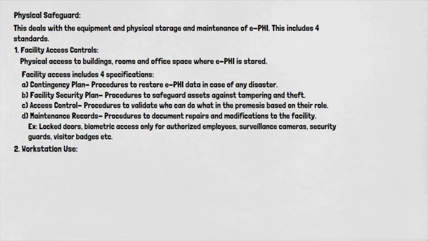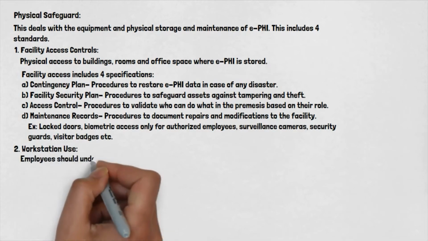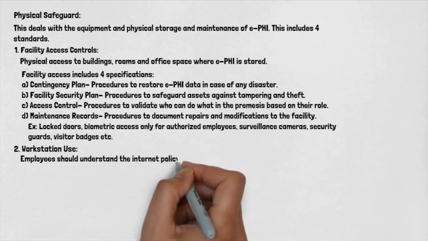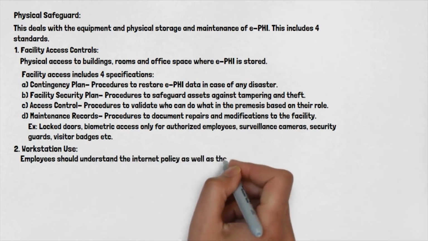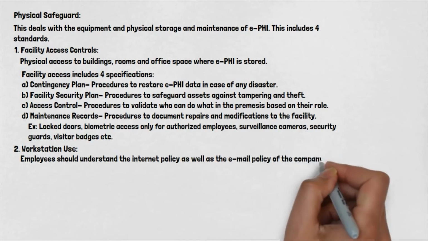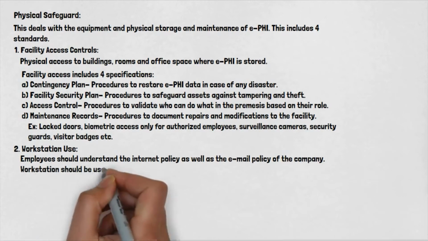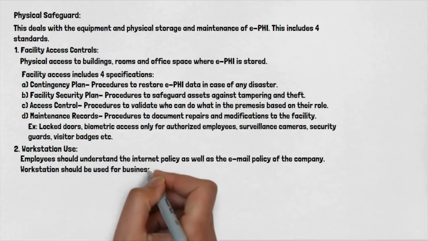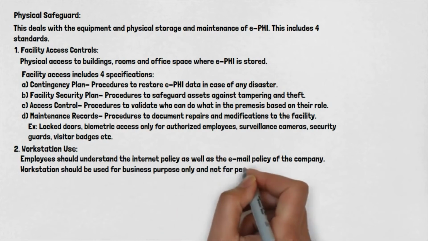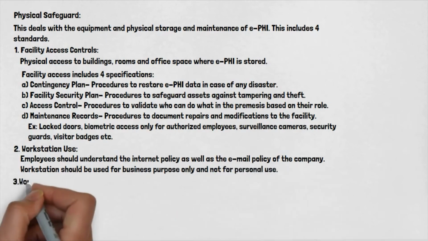Now the second one is workstation use. Employees should understand the internet policy as well as the email policy of the company. Workstations should be used for business purposes only and not for personal use.